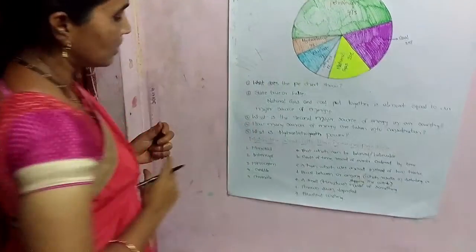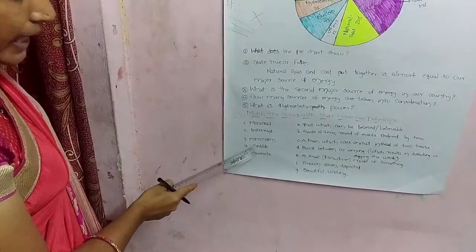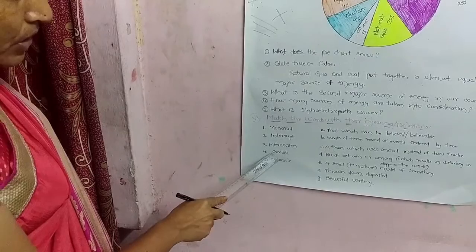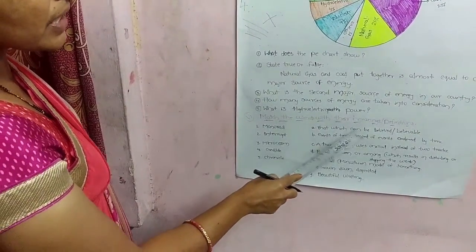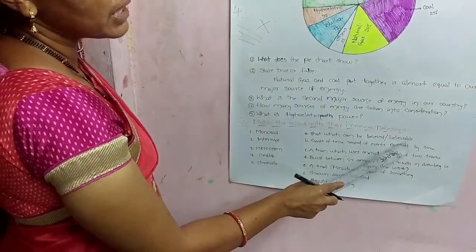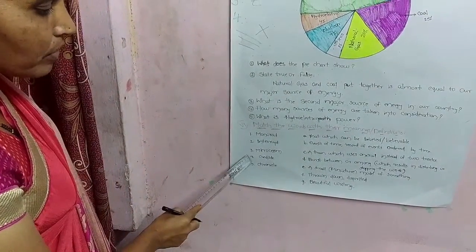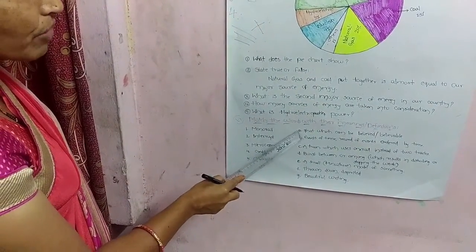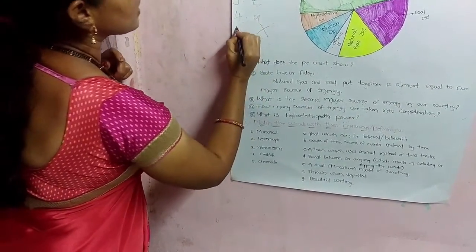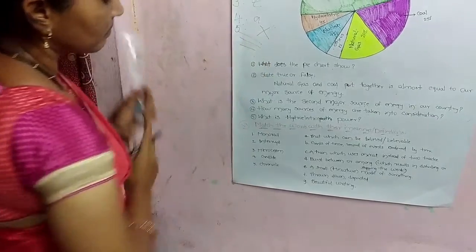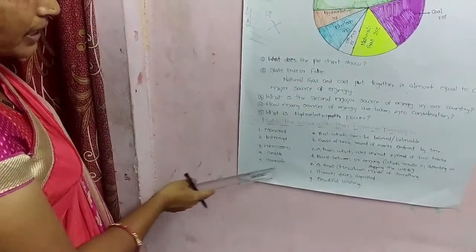Next, fourth word. What is the fourth word? Credible. So credible means what? The answer is A: that which can be believed or believable. So for the fourth word, the answer is A. Alphabet A. Next, the fifth one. Last one, chronicle.